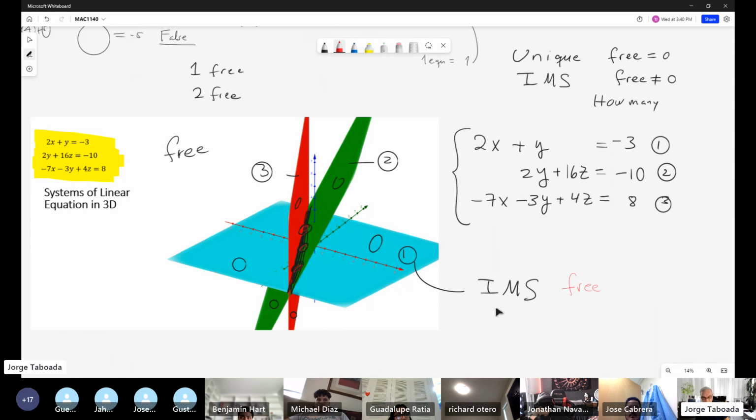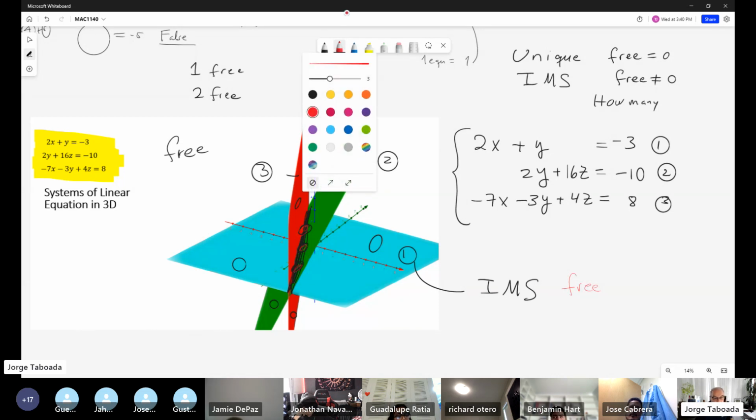Do you see that between the blue, green, and red planes? Yeah, I understand that all 3 intersect at more than 1 point. Yeah. Now, but the problem is that they touch not at only 1 point. They touch at infinitely many points.